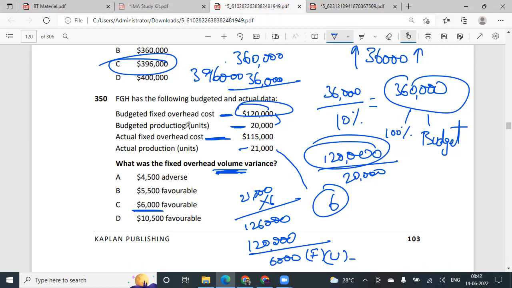Budgeted fixed overhead is 120. And how did we calculate this 126? We just took the budgeted rate, which is 120 by 20: budgeted fixed overhead cost divided by budgeted production, meaning cost divided by units. We got the per unit cost.